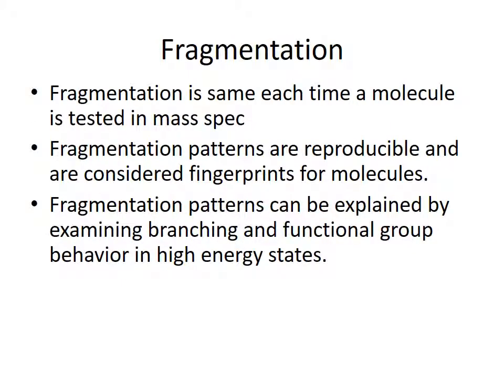Every time you look at the fragmentation of a molecule, regardless of the instrument, you're going to see reproducible fragmentation patterns, the same intensity for the same mass ions. And so the fragmentation pattern is considered a fingerprint for molecules. This is what the GC mass specs that have a huge number of spectra stored up in them do.